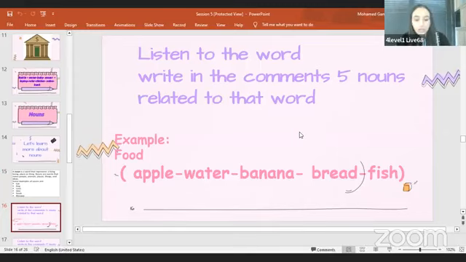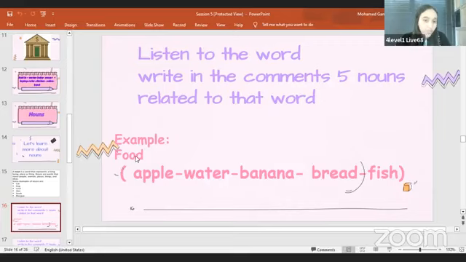Okay, so now let's have another activity. I will show you a word which is a noun, and you give me 5 nouns related to it. For example, food.